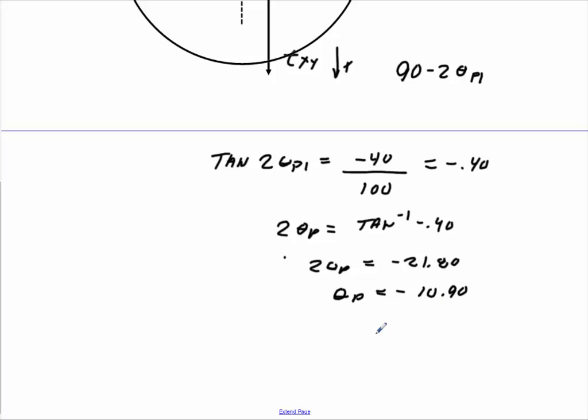Now that I have that, what this means is I'm going to rotate my element 10.90 degrees, and I'm going to do that clockwise, because we had a negative angle here.